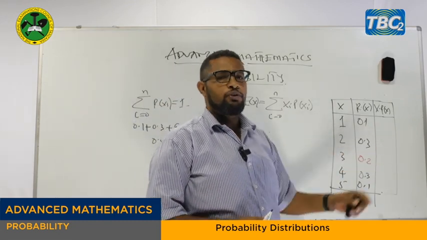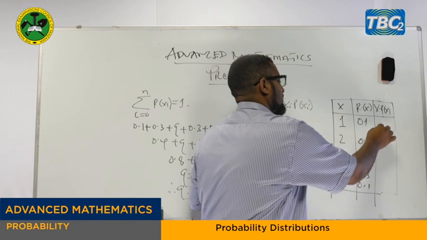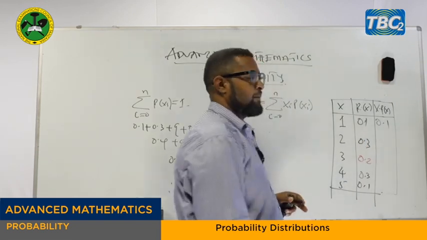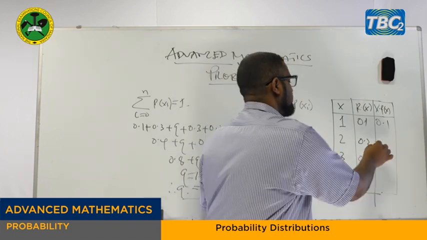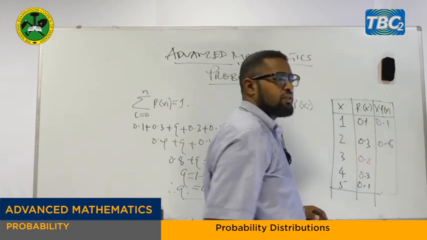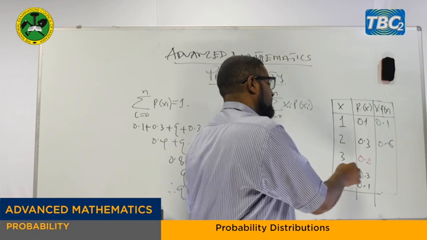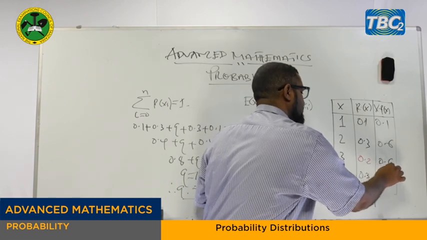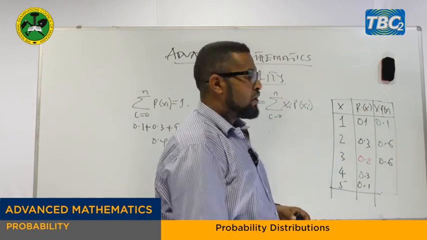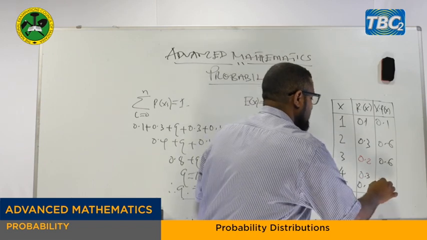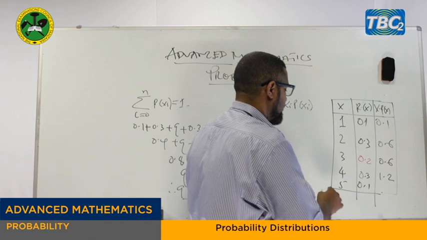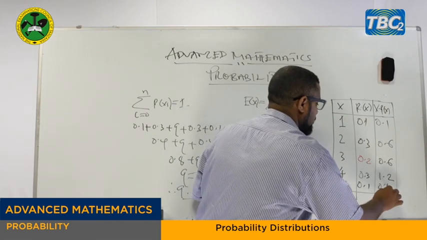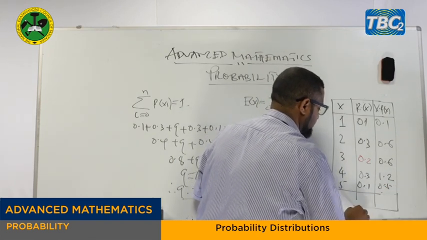So 1 times 0.1, this gives 0.1. 2 times 0.3 gives 0.6. 3 times 0.2 gives 0.6. 4 times 0.3 gives 1.2. And lastly, 5 times 0.1 is 0.5.